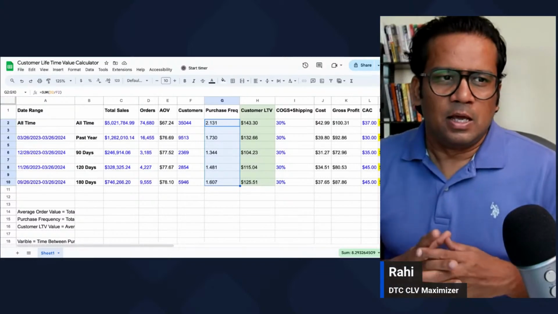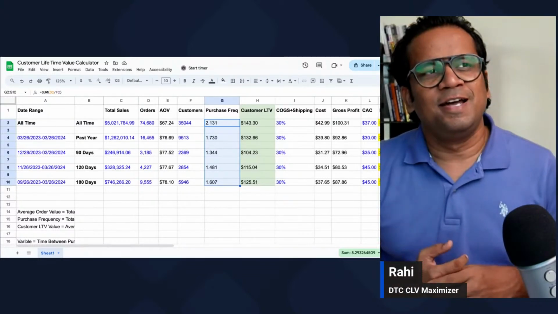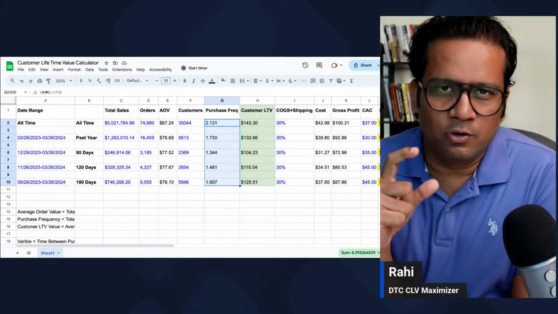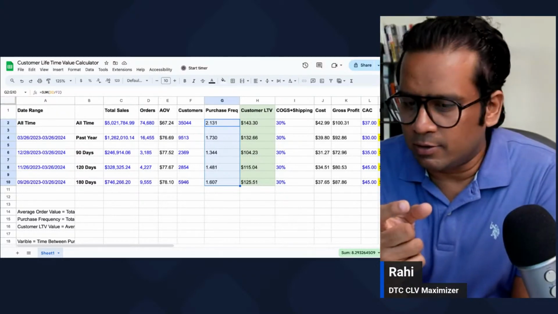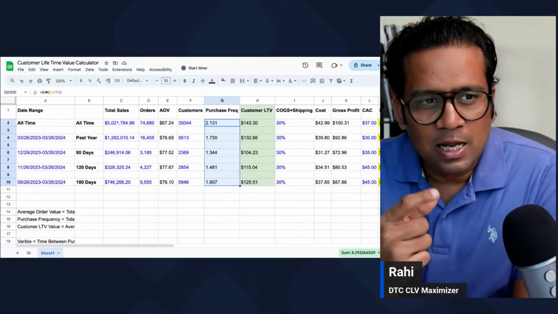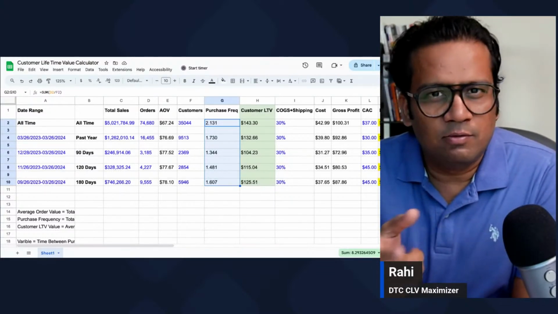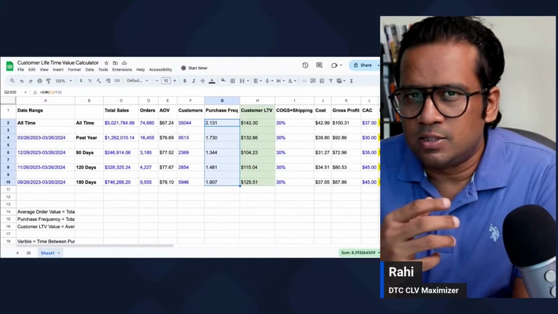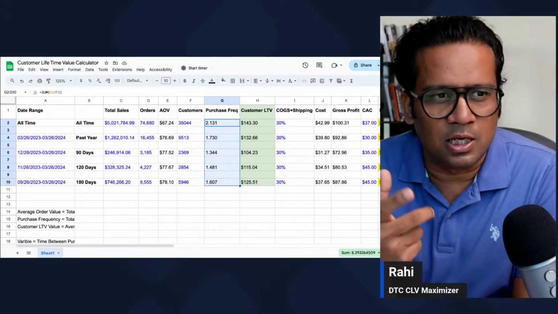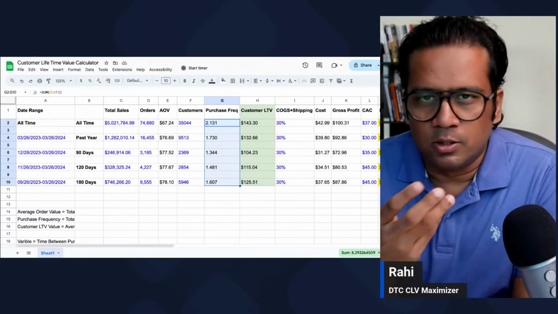That's the simplest form, but that's not advisable, because especially if you are heavily reliant on paid marketing, then I would highly recommend going for a 60-day LTV. At least you should be able to realize your LTV within 60 days, because otherwise it will become very tough to scale anything, in terms of budgets or scaling the store.